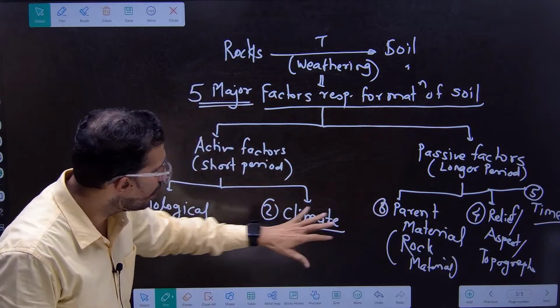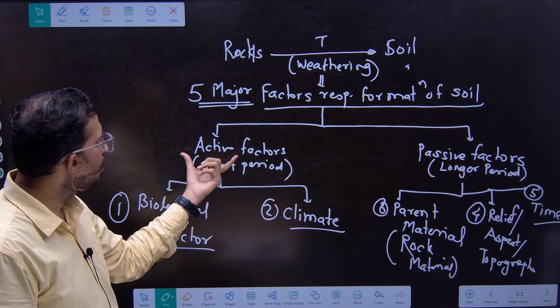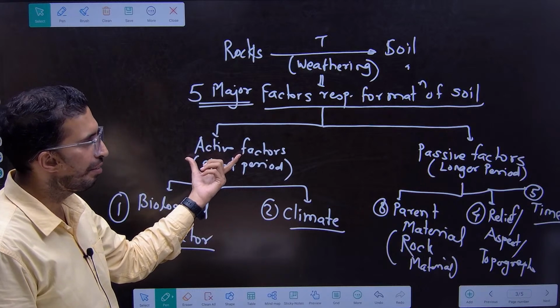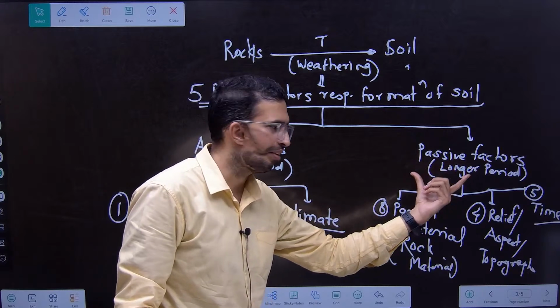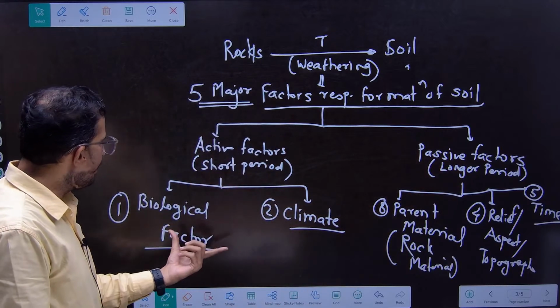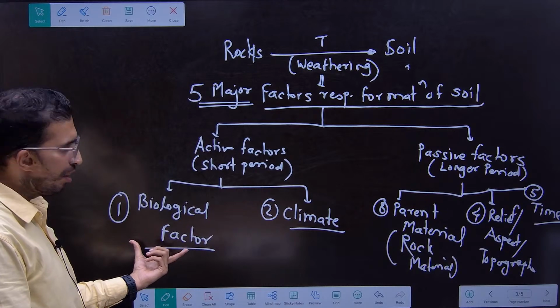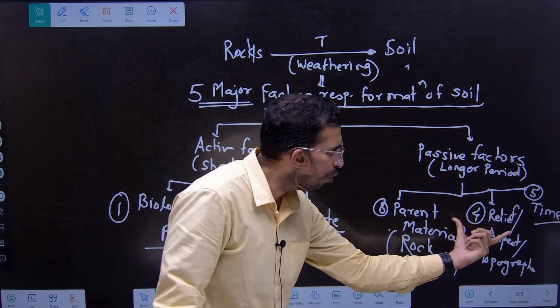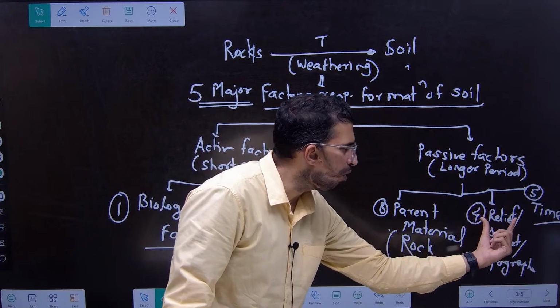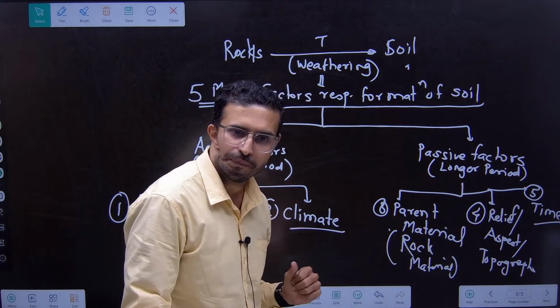These 5 factors have been grouped under 2 main subcategories. The first one is the active factors and the second one is the passive factors. Then the first one is the biological factor, second one is the climate, third one is the parent material, fourth one is the relief, topography, and fifth one is the time.